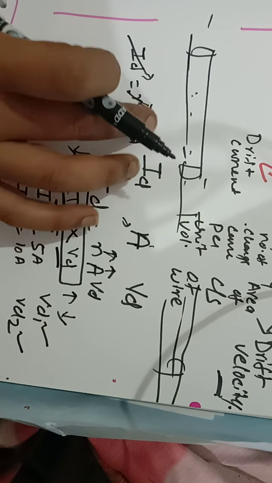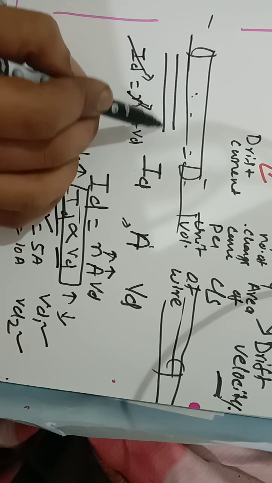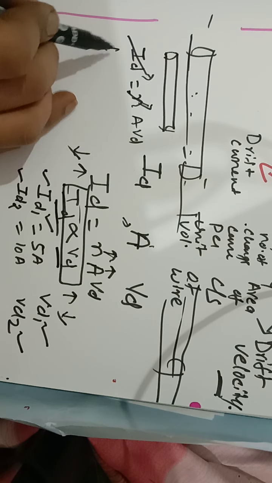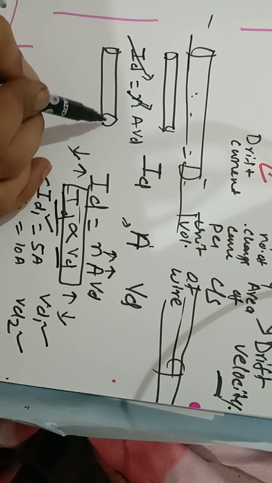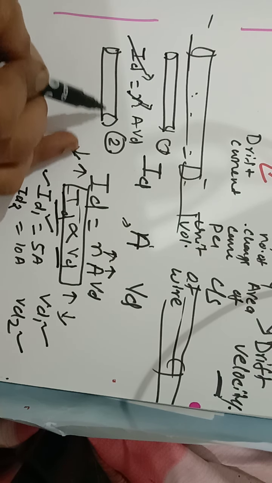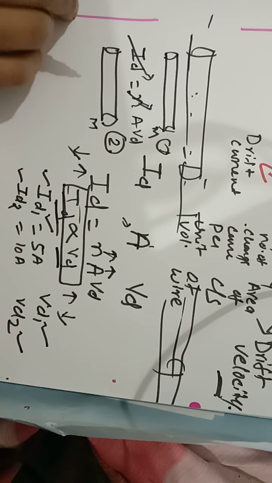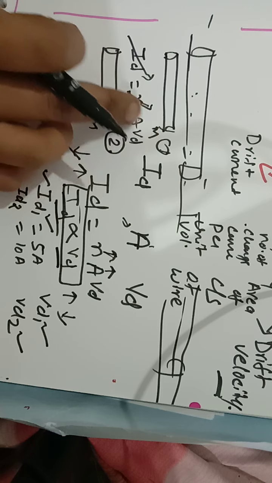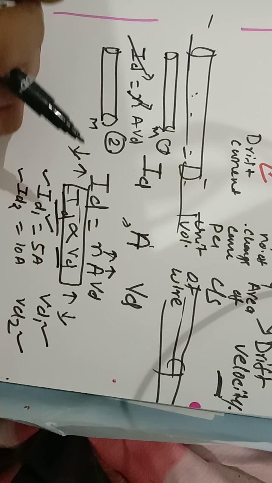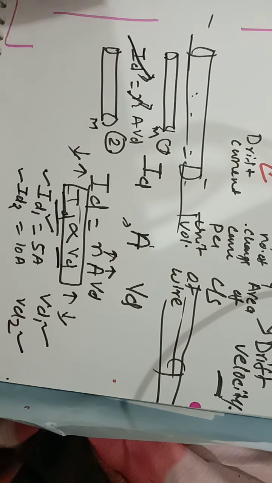Suppose there are two wires, the first wire and the second wire, of the same material. If both materials are the same, n will be the same because it is a per unit quantity, the number of charge carriers per unit volume. And we are taking the drift current to be the same throughout.